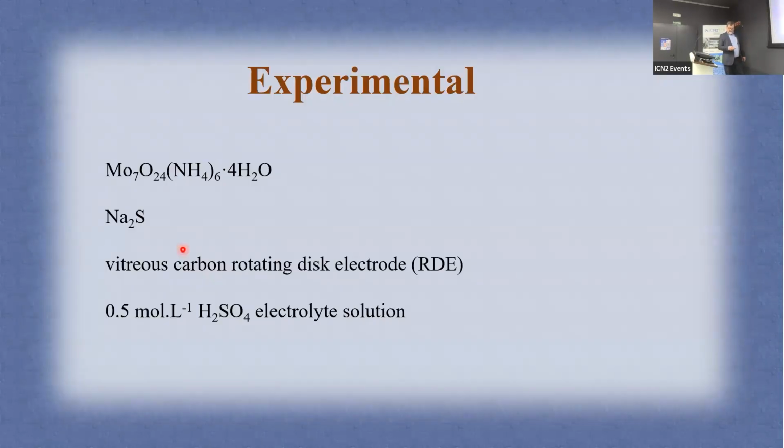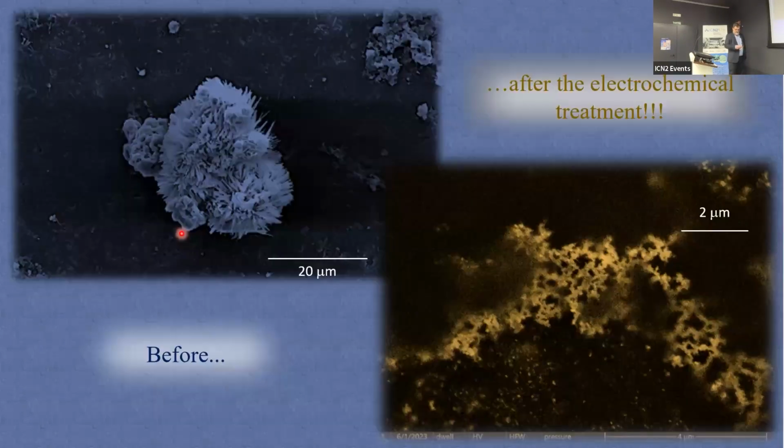For the synthesis, we have used ammonium molybdate and sodium sulfide in aqueous medium. And we have used several techniques, in this case microscopy, to investigate the morphology.